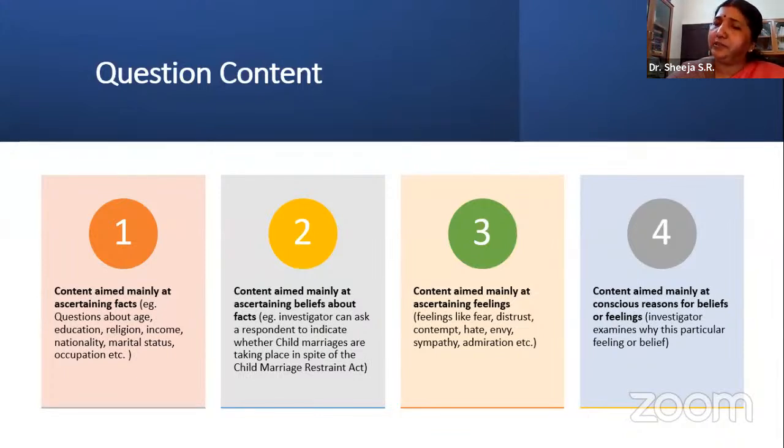Then in certain questions, the questions will be aimed mainly at conscious reasons for beliefs or feelings. We may be trying to examine the underlying reasons for the respondents' feelings or beliefs. So the investigator examines why this respondent believes in a particular way. So that is another type of question. So there are different types of questions. All questions will not be aiming at the same thing.